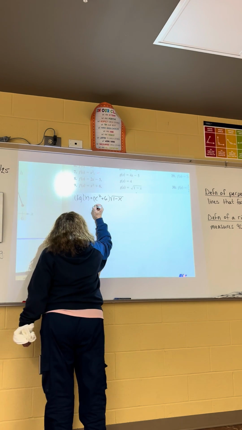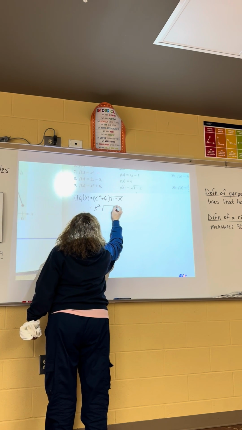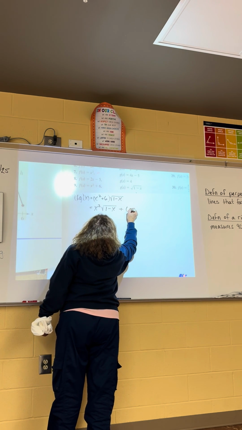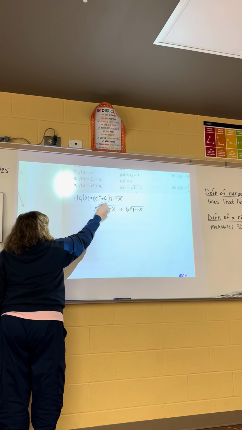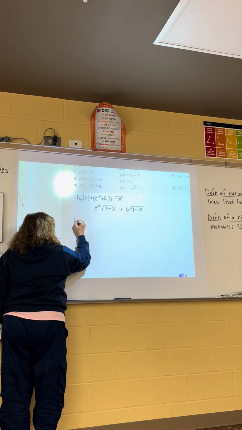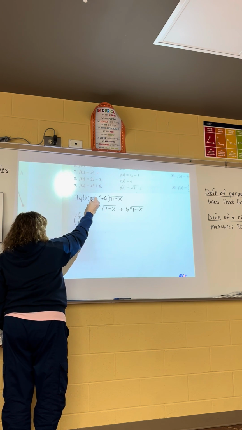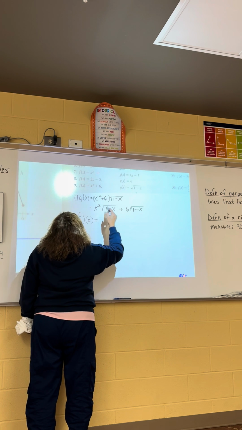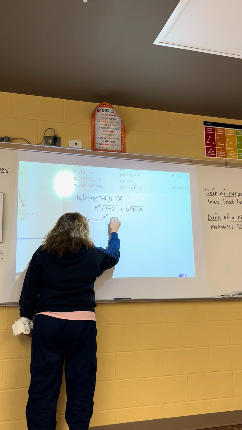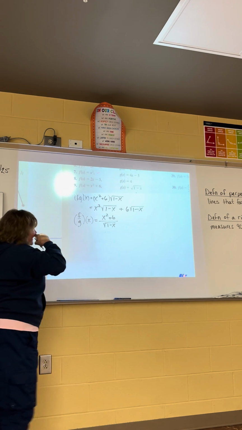If you chose to distribute, it would look like this. So either answer is correct. I'd accept either one. Personally, I would do the one that required the least amount of work, so I would just stop right there. F over g, f is x squared plus 6 over the square root of 1 minus x.